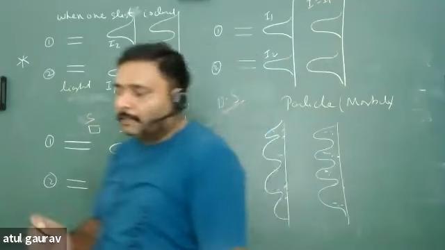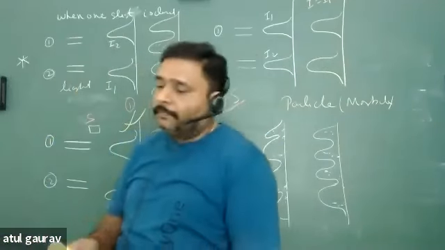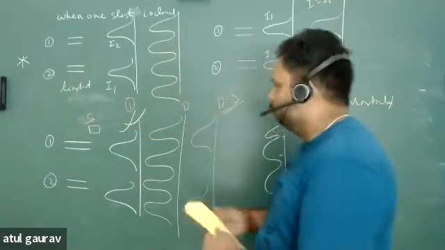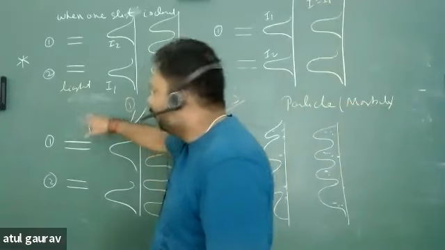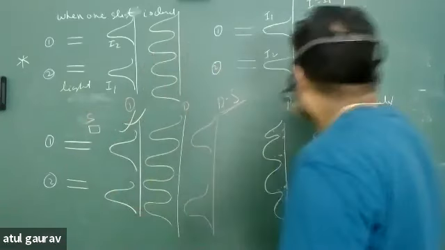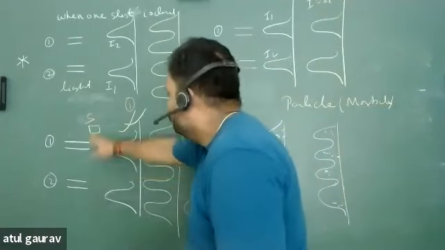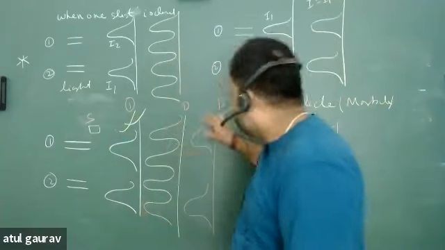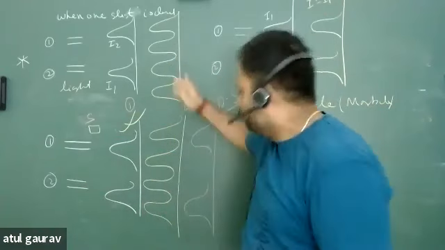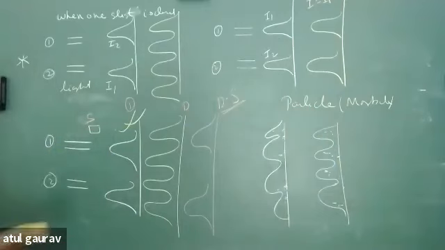So when you are using a spy, both slits are open, but a spy is there. So the electron will either cross here or cross here. There is no interference pattern. Okay, thank you, sir.